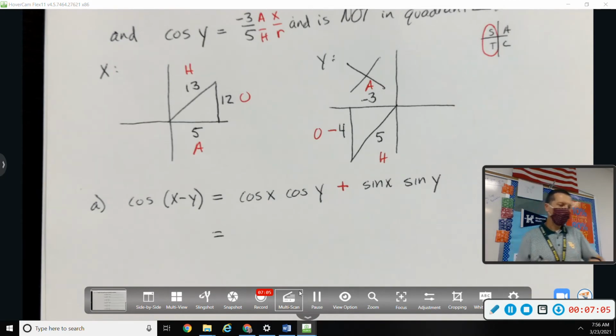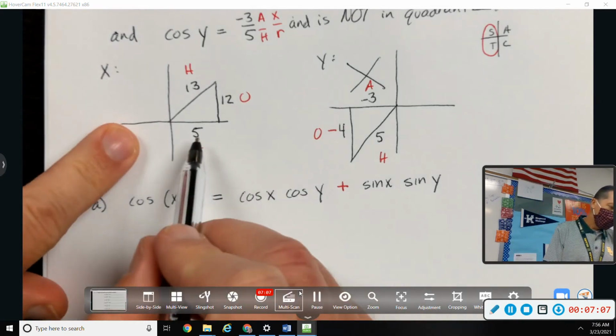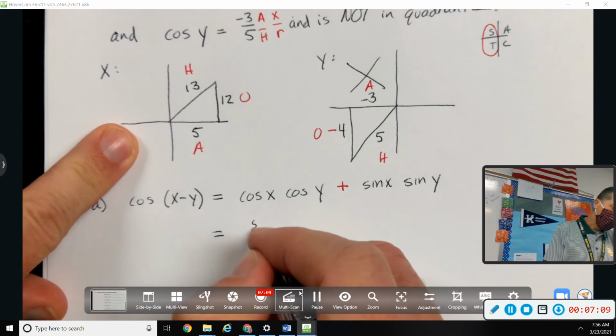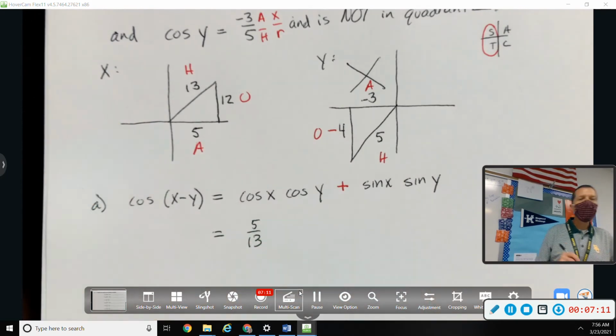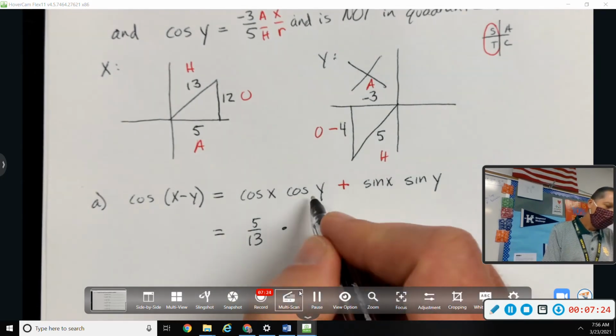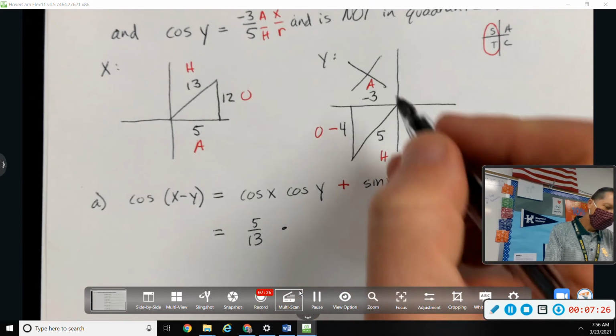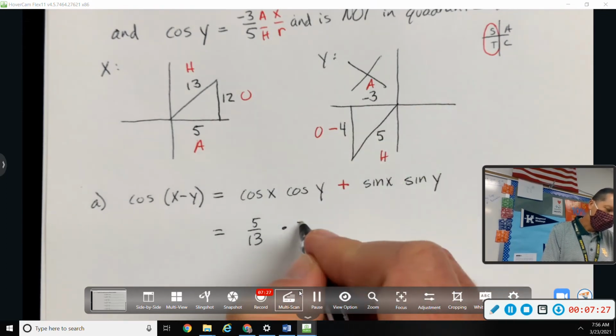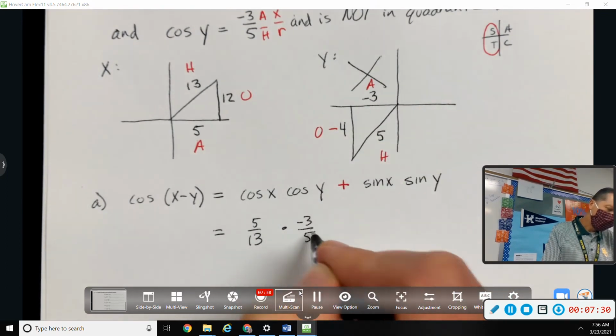Cosine is adjacent over hypotenuse, so adjacent over hypotenuse is 5/13. It's not the cosine of 5/13. The cosine is equal to 5/13 because cosine is adjacent over hypotenuse. Cosine of y, adjacent over hypotenuse, is -3/5.